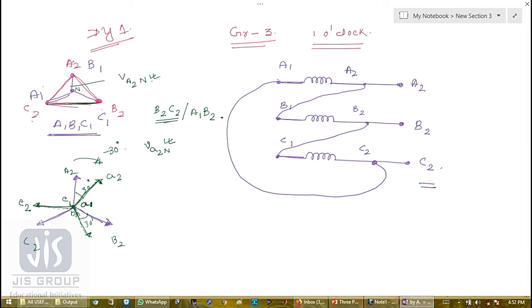So what is my B2 C2 now in the case of the low voltage side?